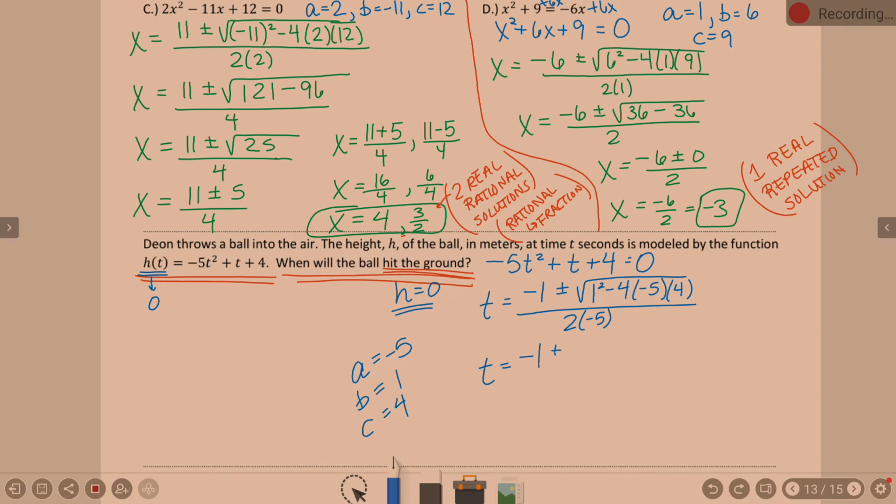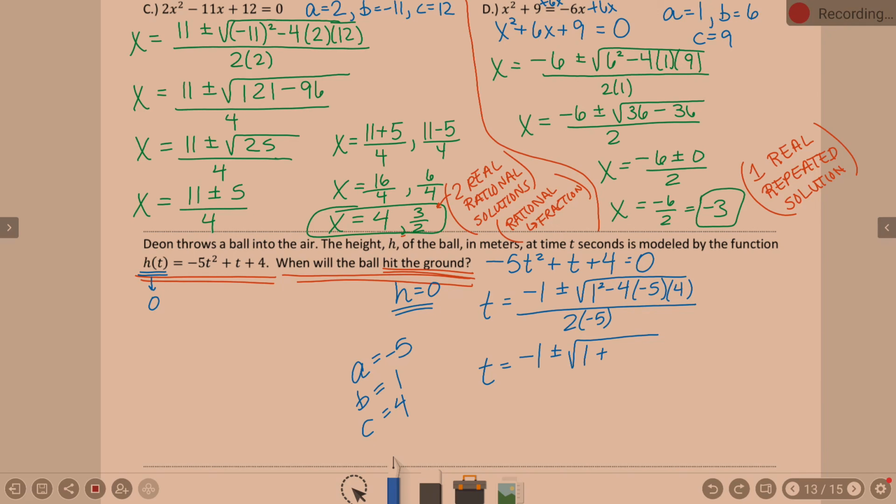Negative 1 plus or minus, what's going on under the radical there? 1 squared is 1. Minus 4 times minus 5 times a positive. A minus times a minus is going to be a plus. 4 times 5 is 20.